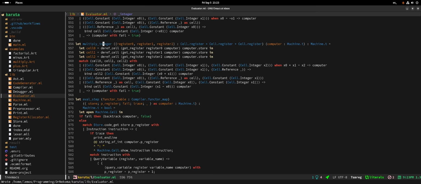Multiply integer. I suppose we can implement it as a primitive as well and use the negation to help us.